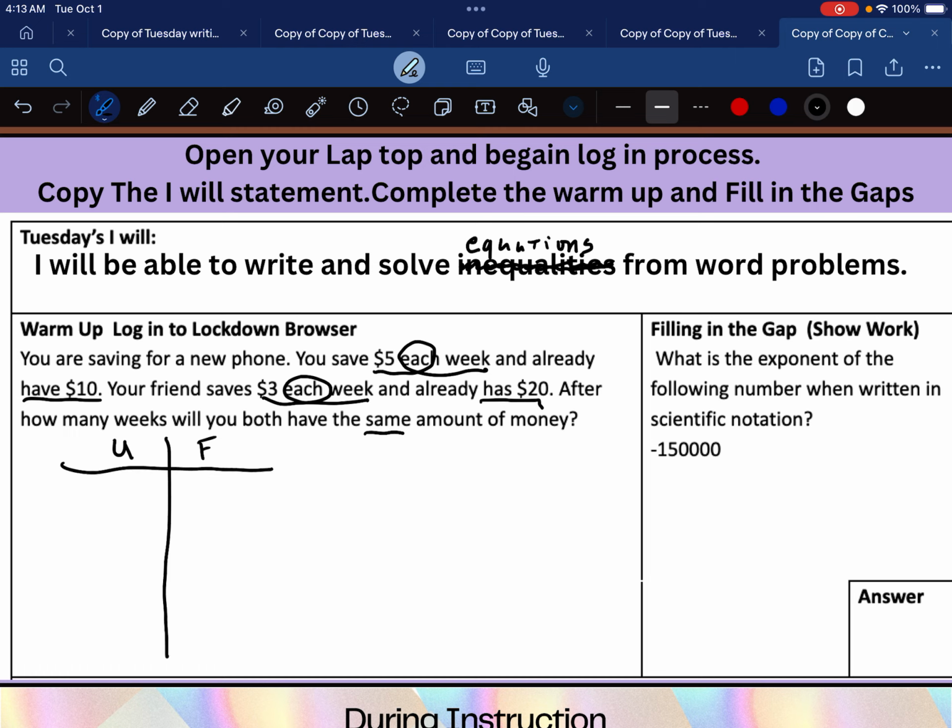You, 5 a week and has 10. Friend, 3 a week, use the same variable, has 20. And we want to know when they're the same. So equals.